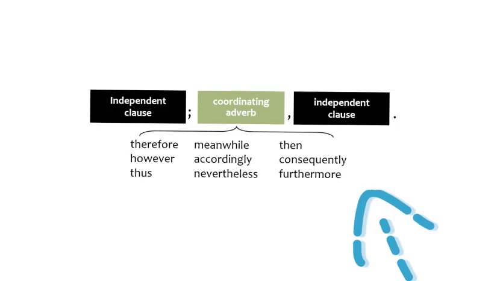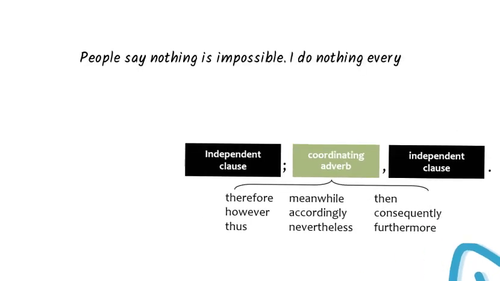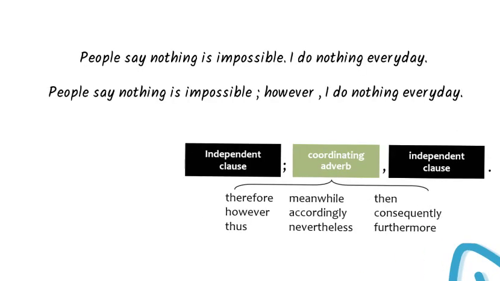So using the same example from earlier, we have people say nothing is impossible; I do nothing every day. Or we can say people say nothing is impossible; however, I do nothing every day. You'll notice here that we have the exact same formula: the semicolon, the coordinating adverb, the comma, and then the rest of the sentence, okay?